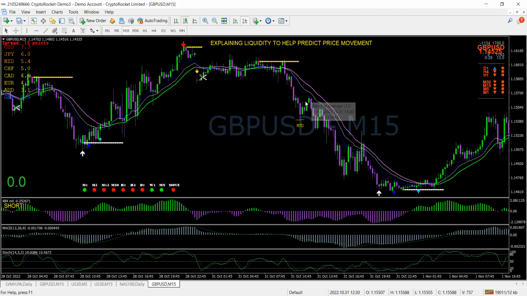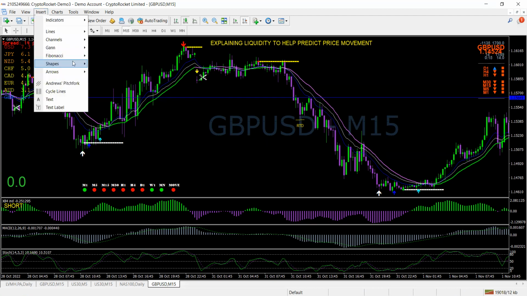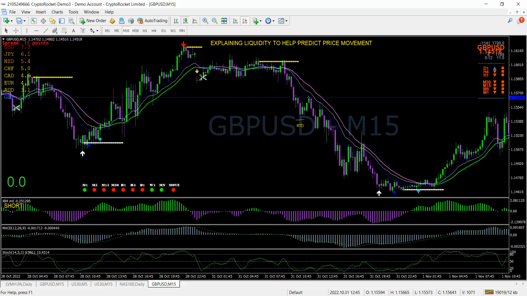And the banks will trick buyers into buying by pulling price back into an area of resistance. If you look to the left, notice we have a break and retest, and this line is being treated as support. So what we would do to enter the trade with the banks is we would enter above the RTD and we would trade toward it. And as you can see, market goes down.